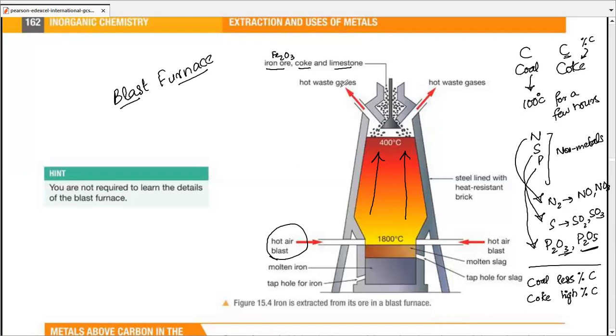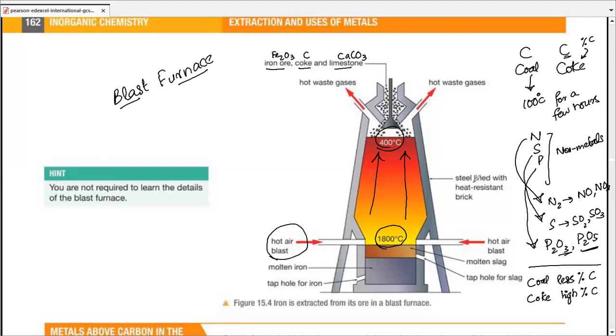All right? So we use coke, which is mainly pure carbon. We use limestone, which is CaCO3, and all of this is entered into the blast furnace. The temperature in different parts of the blast furnace is different. It's highest at the bottom and lowest at the top.